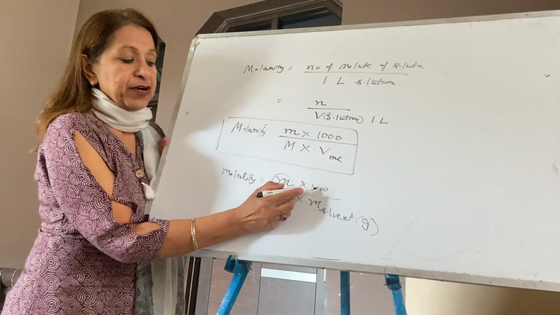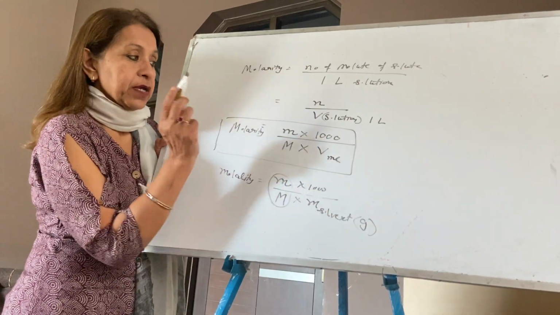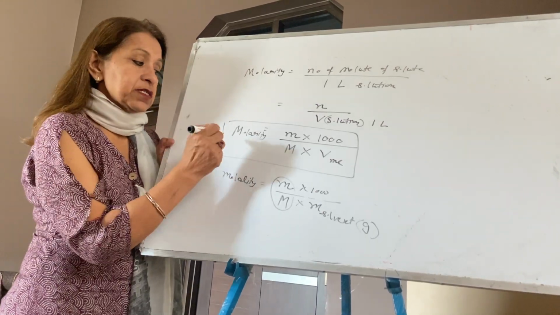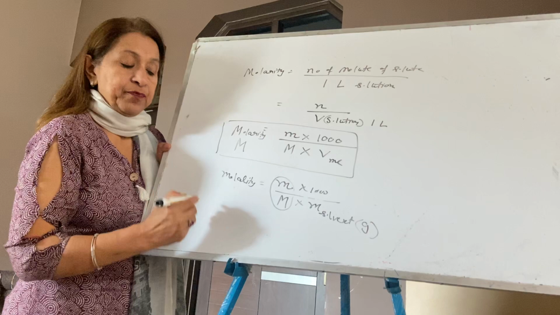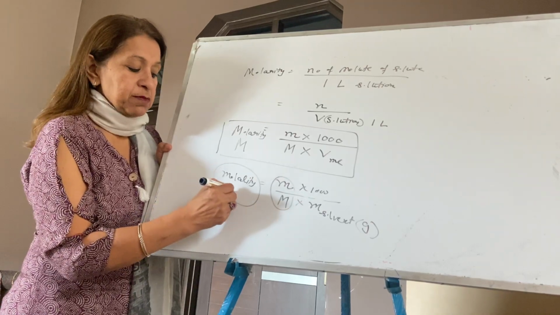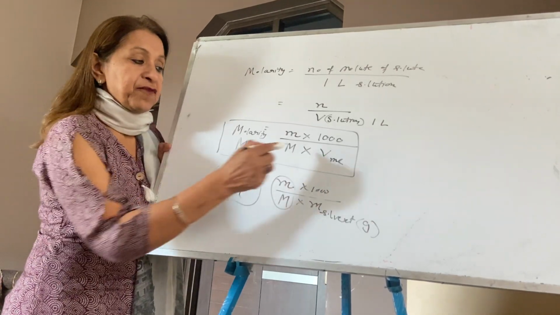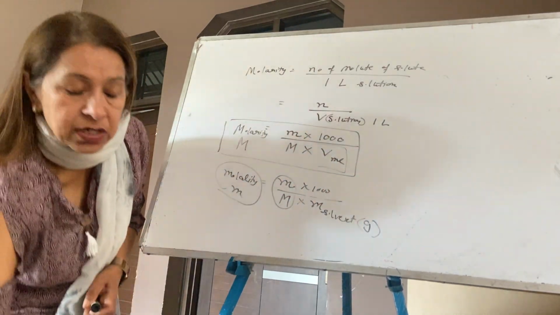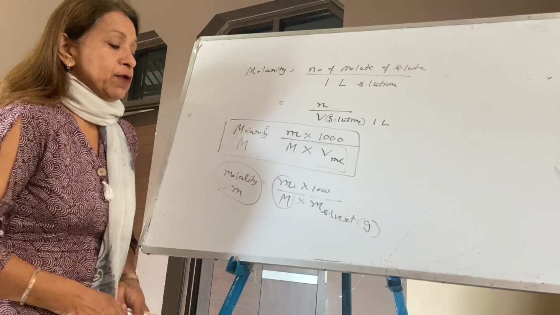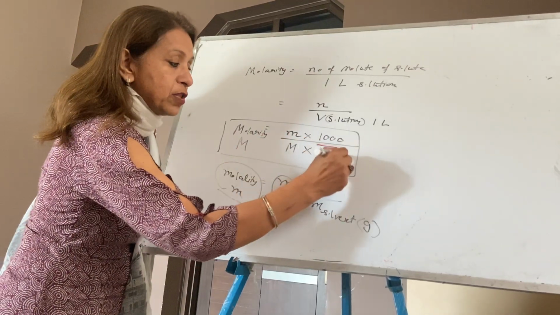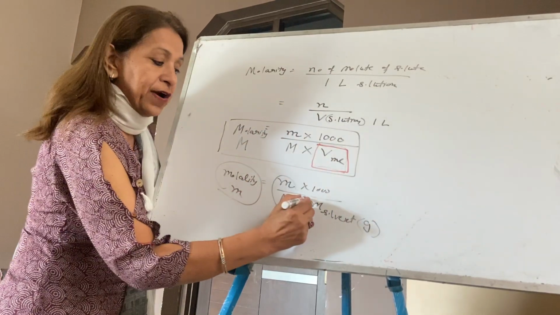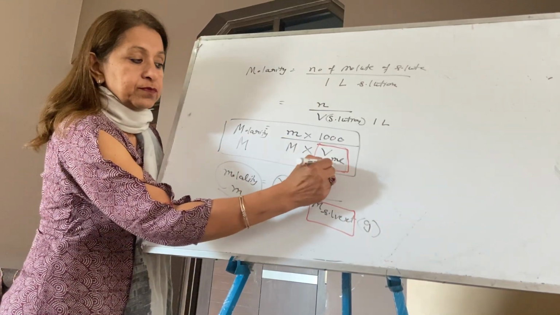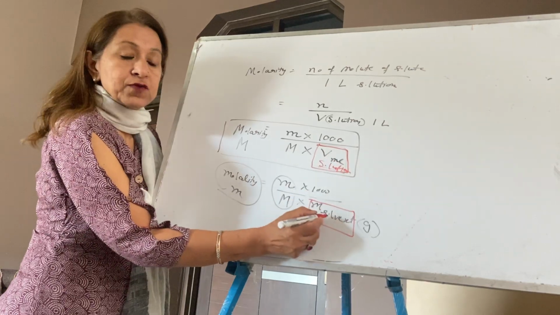So this is the reason I divide by 1000, so that it becomes kilogram. Again listen: molarity is represented by capital M and molality is represented by small letter m. And the main difference is here. Molarity is found out in the volume of solution, and molality is found out in the mass of solvent.